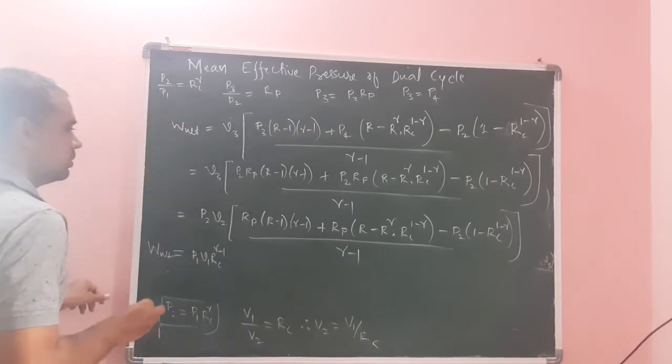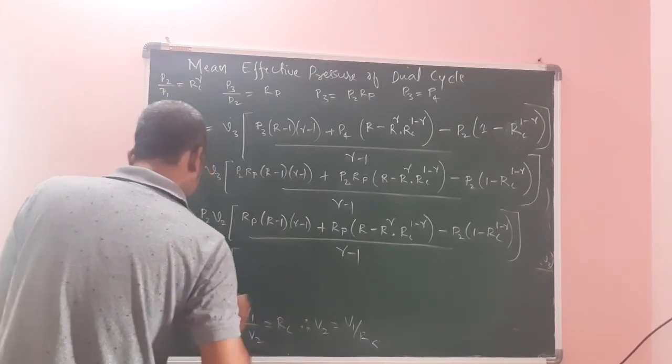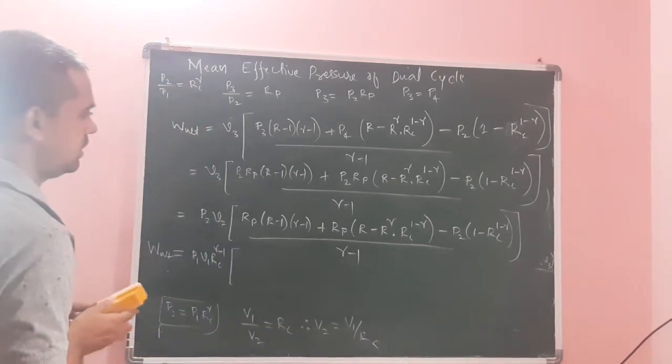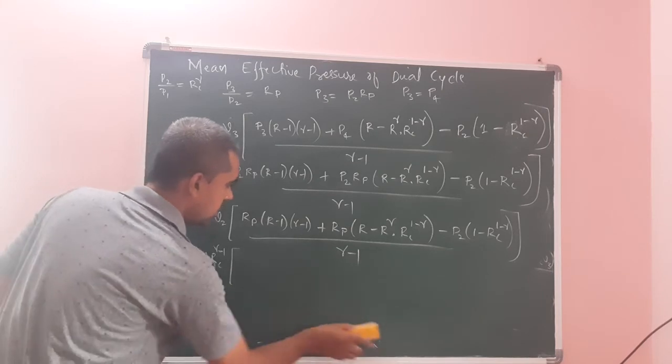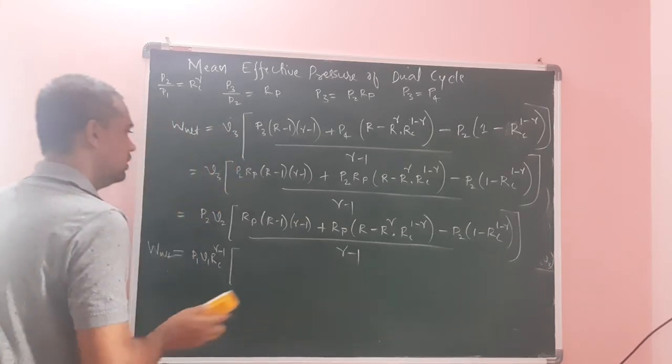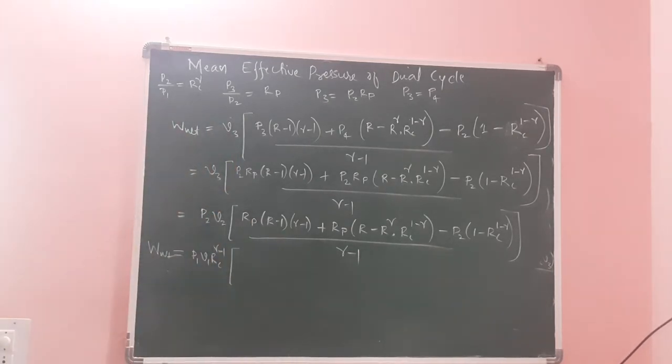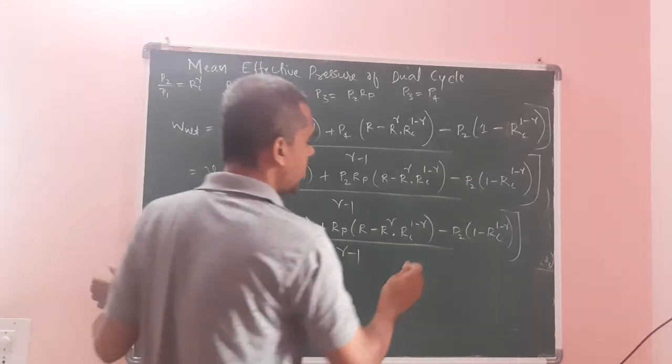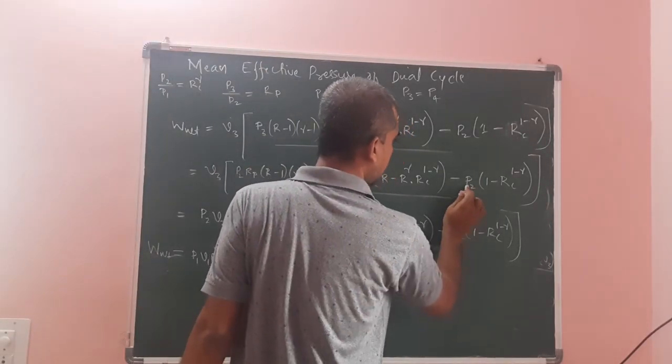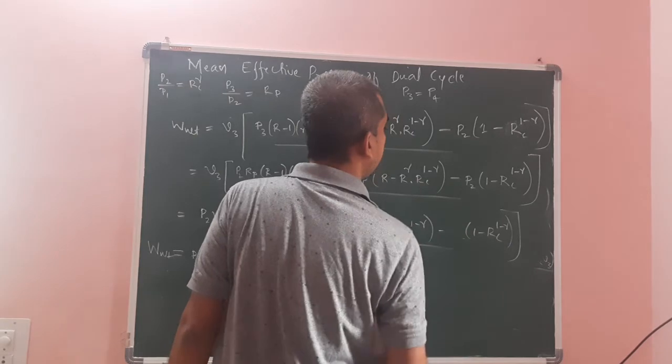Here, inside this bracket, we have to still simplify. This P2, as we have taken P2 common here from this one, therefore there will not be any P2.